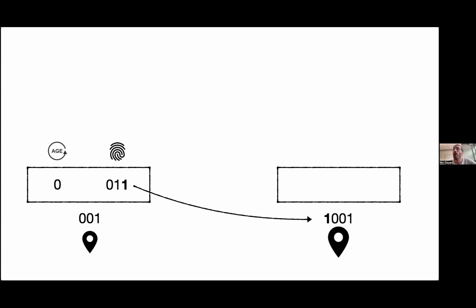Just to make this a little more concrete, here's how we actually handle an expansion. Here's a simple example. This is an entry that was just inserted, because we can see that the unary age flag is 0. This is the fingerprint and this is the slot address. During expansion, we take the least significant fingerprint bit and reassign it as the most significant slot address bit in the new filter.